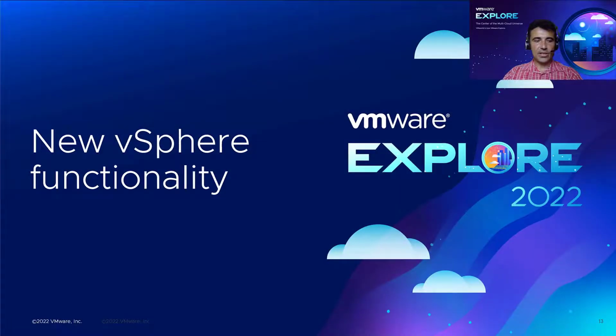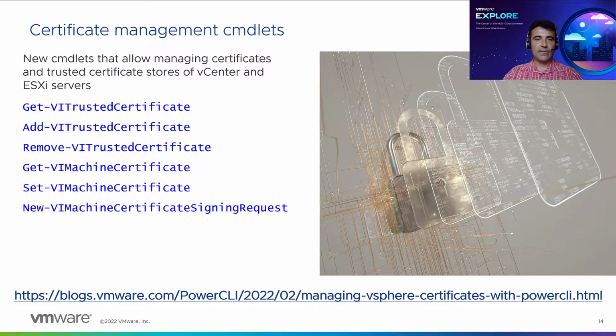Okay, now let's continue with the new vSphere functionality that we have added in the recent PowerCLI versions. First of all, we have added certificate management commandlets. So now you can use PowerCLI to check the trusted certificate store of your vCenters and ESXi servers, to add certificates to the trusted store, to also create certificate signing requests and change the certificate of the vCenter and the ESXi servers.